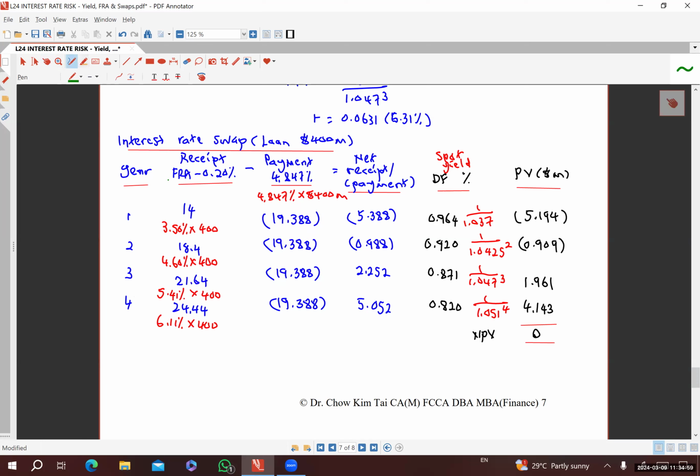So in the future, if this increases, then Port will receive more and gain. But if this drops, then Port will receive less and lose out. So based on the current arrangement, both parties are fair, both break even. But in the future, it depends on how the interest rate fluctuates. So we just put that down in writing.